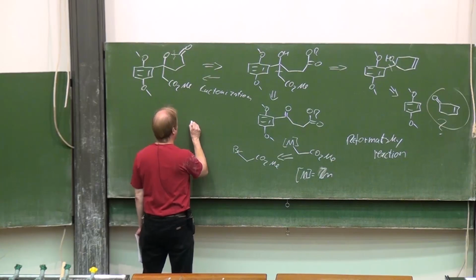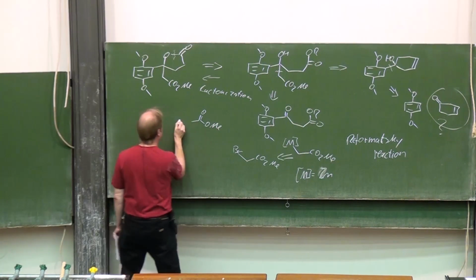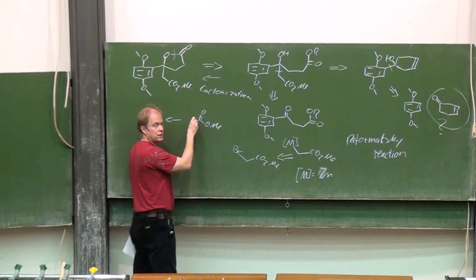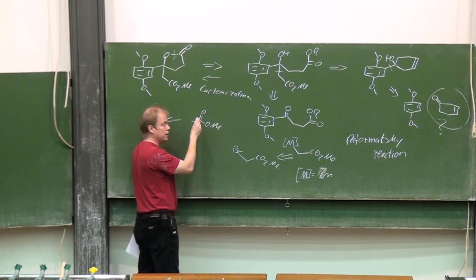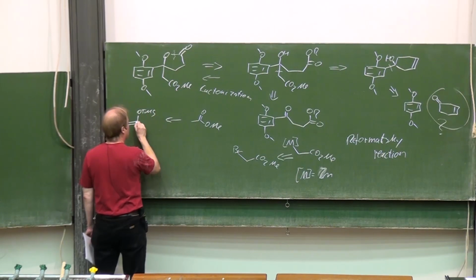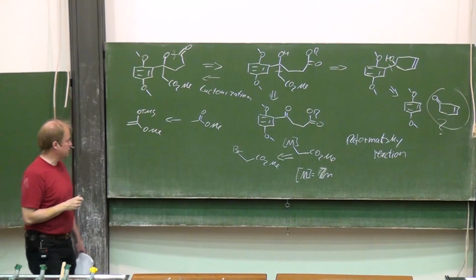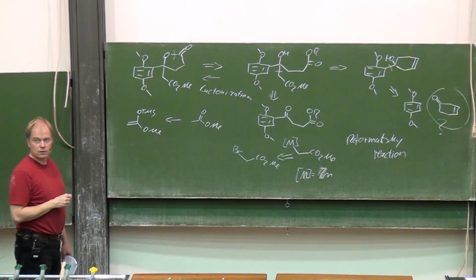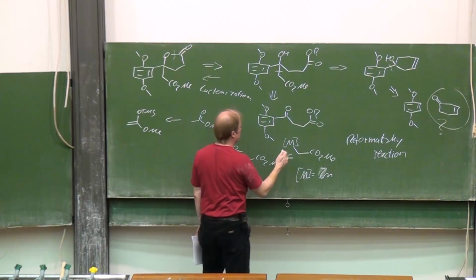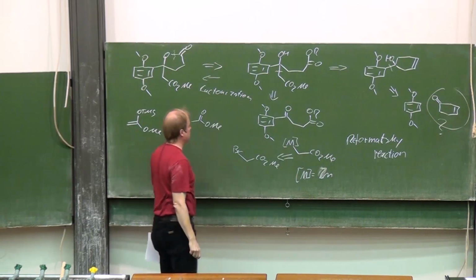Well, what you also could do is deprotonating, for instance, with LDA and trapping with TMS chloride, so that you have an ester enolate as a nucleophile. Okay, and then activating with a Lewis acid, you could also achieve the CC bond formation of this CC bond.